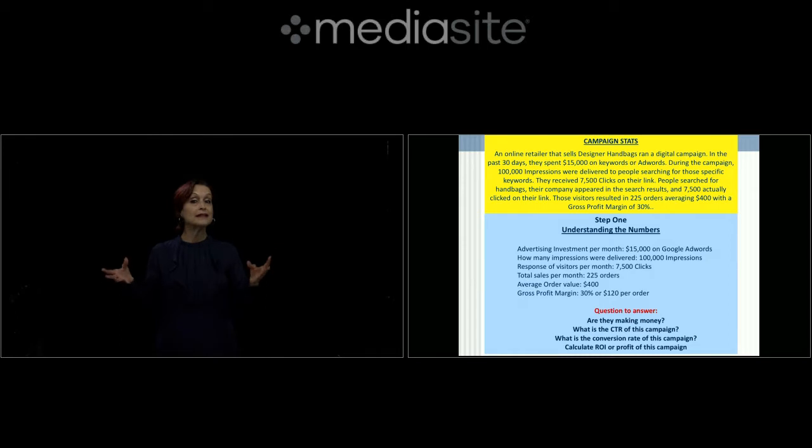The advertising investment for these 30 days was $15,000 on AdWords or keywords. How many people were reached? 100,000 impressions were served. How many visitors per month did they have? What was the response? 7,500 clicks.